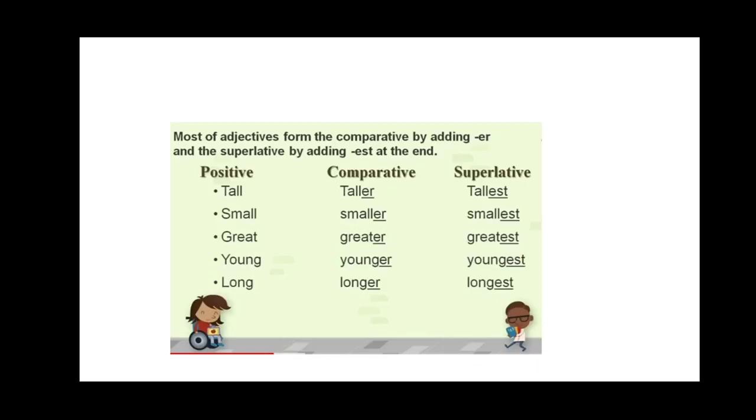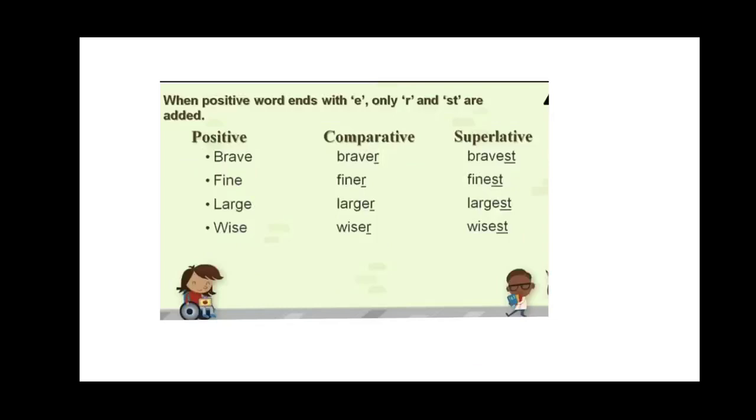Positive degree tall; in comparative you should add ER. So tall, taller, tallest. Small, smaller, smallest. Great, greater, greatest. Young, younger, youngest. Long, longer, longest.